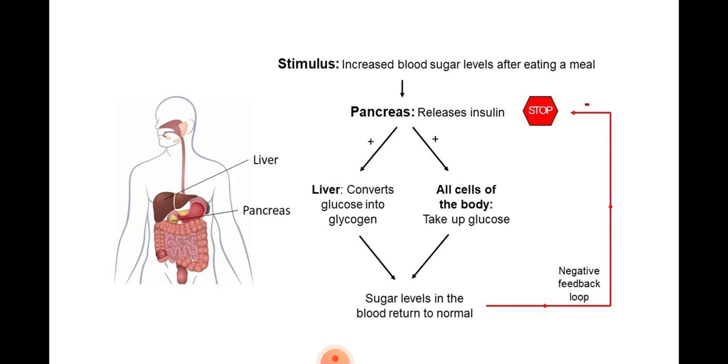The insulin then causes all cells of the body to take up the glucose, and also allows the liver to convert glucose into glycogen. As a result of these two reactions, the sugar level in the blood returns to normal.